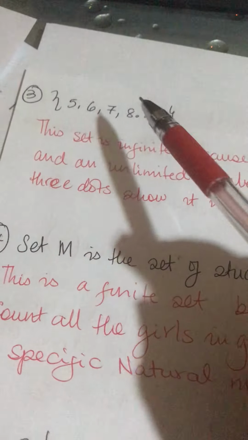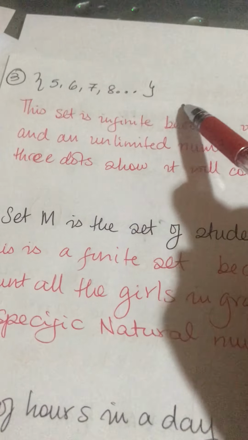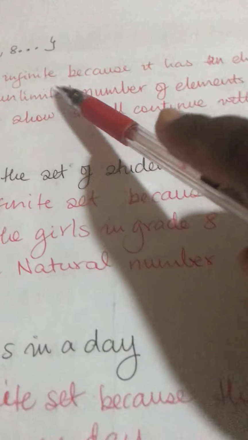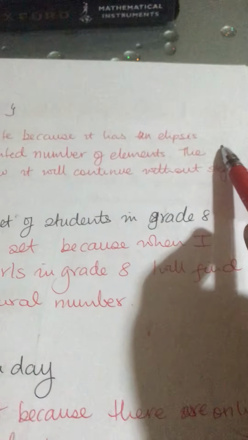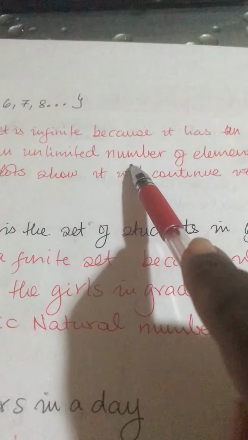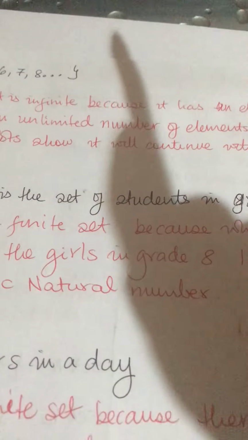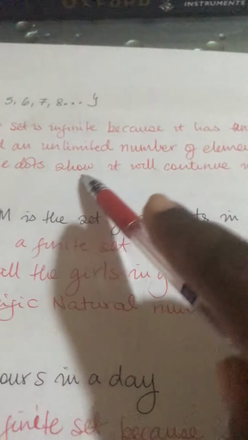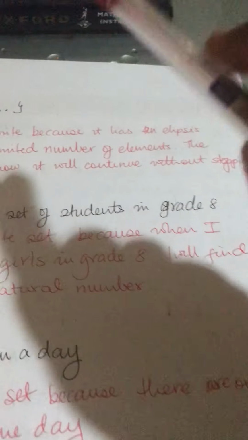And I cannot finish counting. This one tells me it will go on forever and ever. So the set is infinite because it has ellipses and an unlimited number of elements in the set. The 3 dots show it will continue without stopping. Okay? So this is infinite.